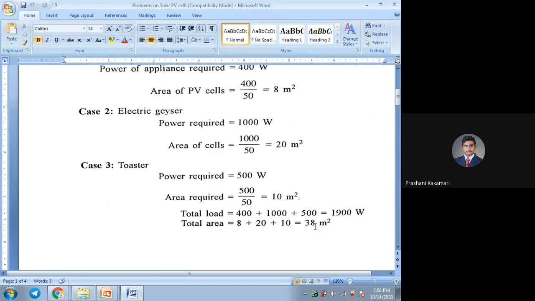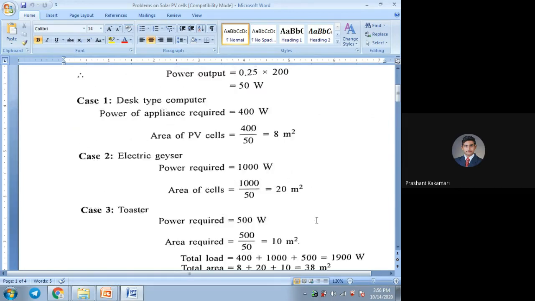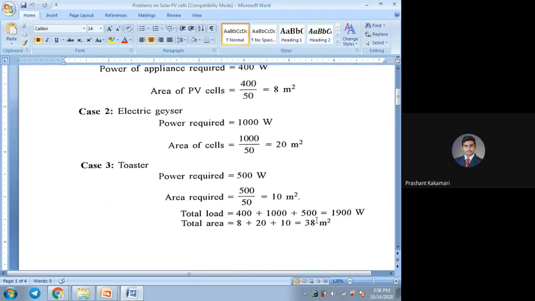You can convert this into number of cells or number of modules, as you want to decide. According to that, later I can tell how many modules are required to run this total load. Okay, so this is one example just to understand how they calculate the number of cells, the total area required to plant the PV system, and the total load to be run in homes or commercial applications.